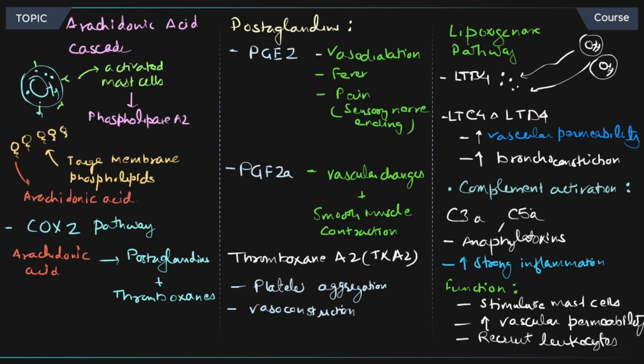We talked about the COX-2 pathway and prostaglandins, and also lipoxygenase, as well as complement function. This covers the entire inflammation topic. Now you can have a detailed summary of all those things, and hopefully this video is going to help you understand how these pathways are linked, what the different components of inflammation are, and how they are related, right?